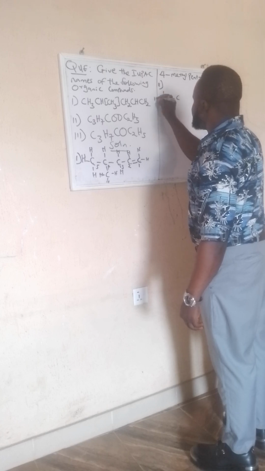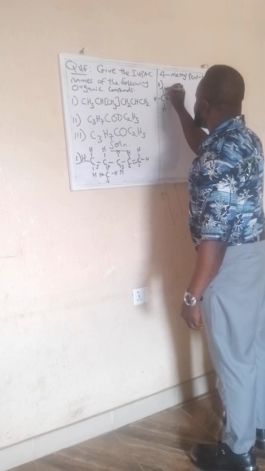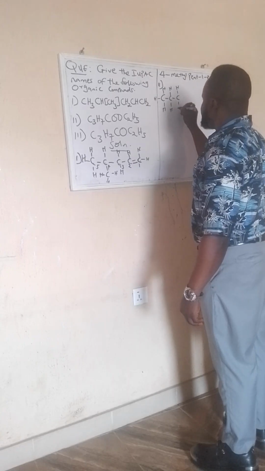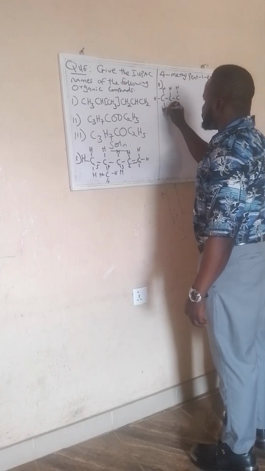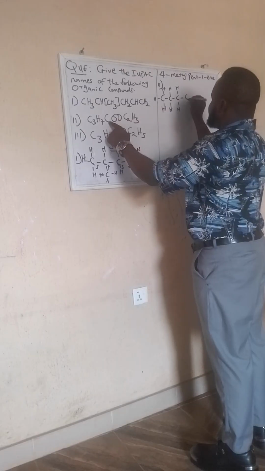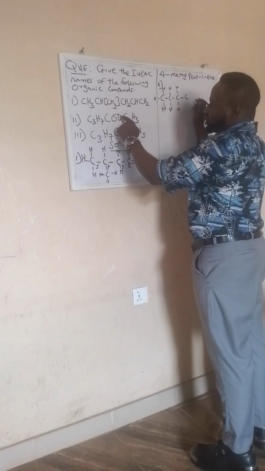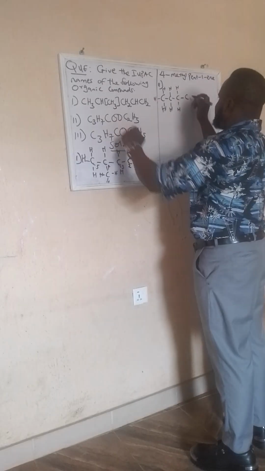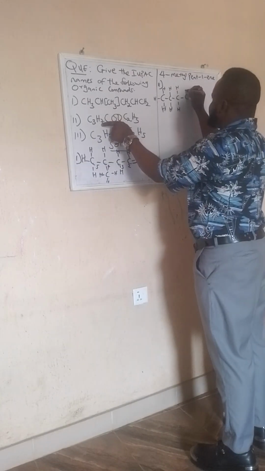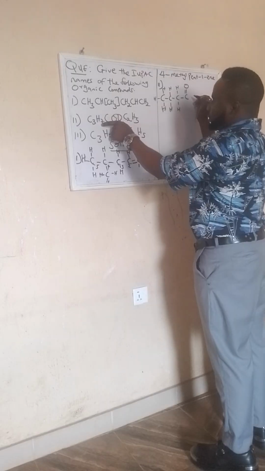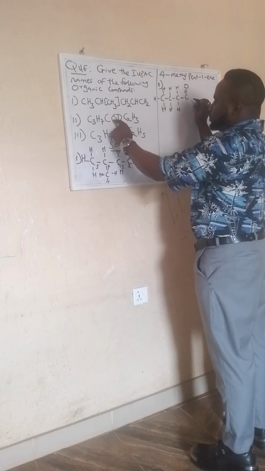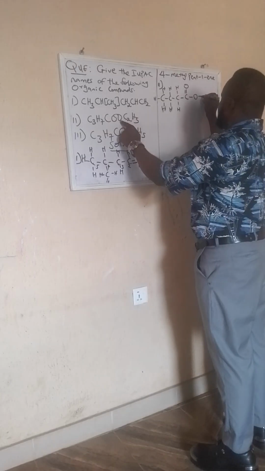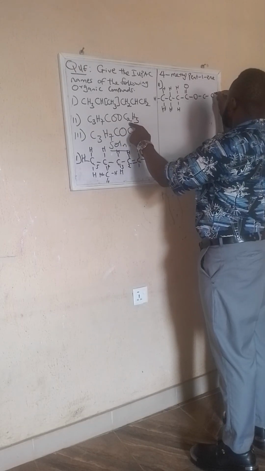Anytime you have a carbon bonded to oxygen in this manner, and being an alkanoate, it is a carbonyl compound. So one of the oxygens is doubly bonded to the carbon, while the other one is singly bonded to it. Then you have the C2H5.